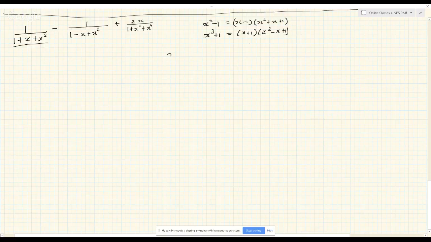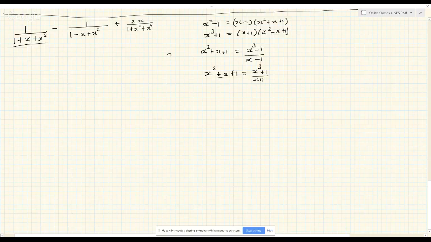It is actually guiding me that x square plus x plus 1 is x cube minus 1 upon x minus 1, and x square minus x plus 1 is x cube plus 1 upon x plus 1.